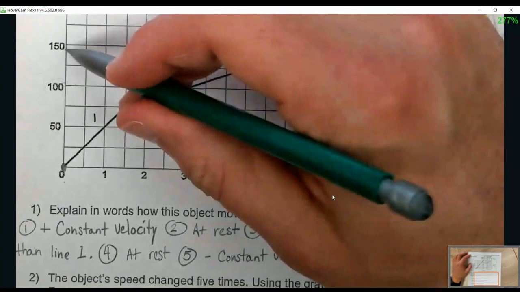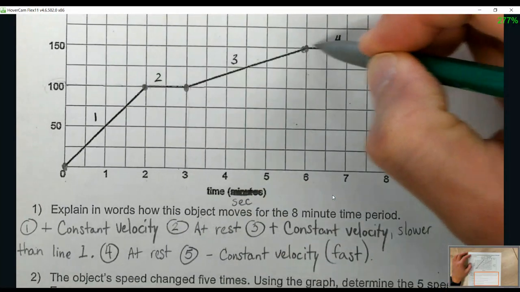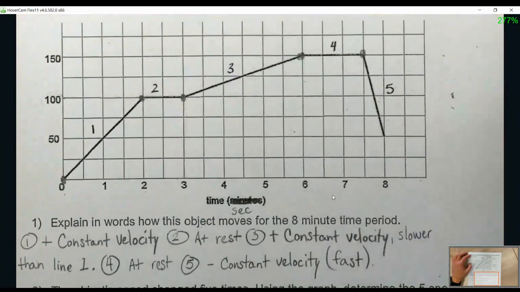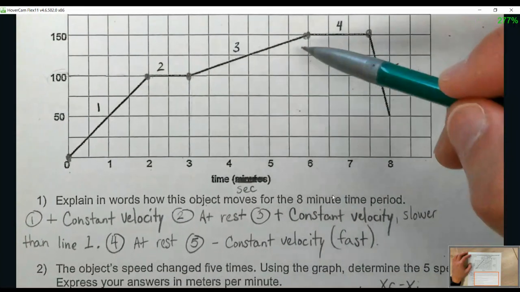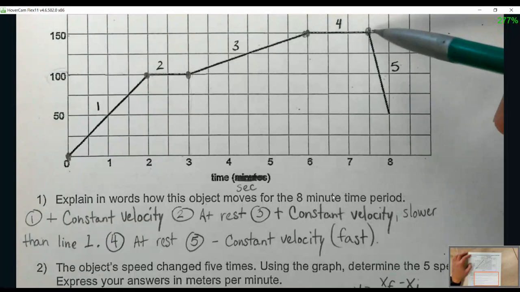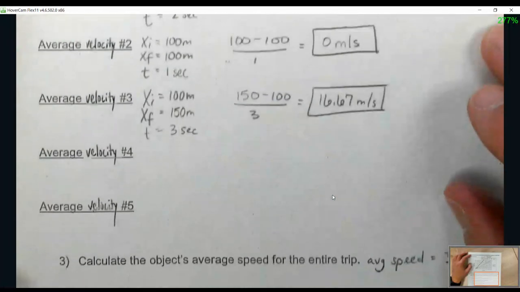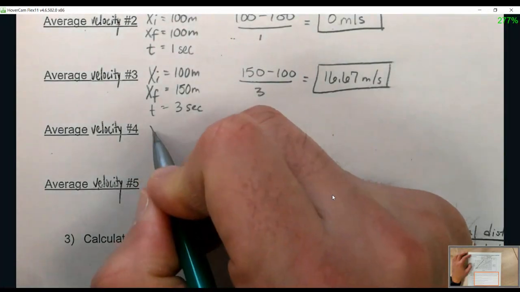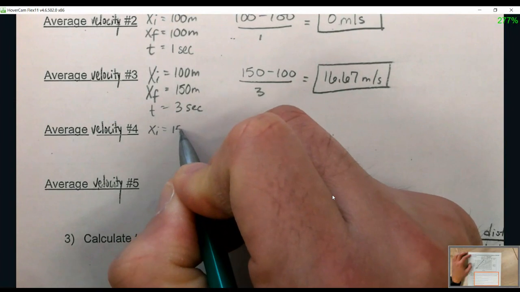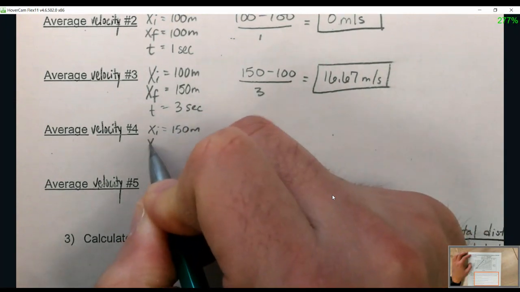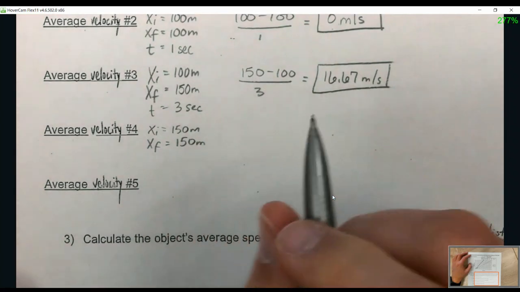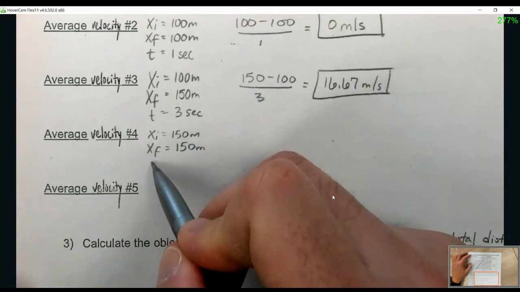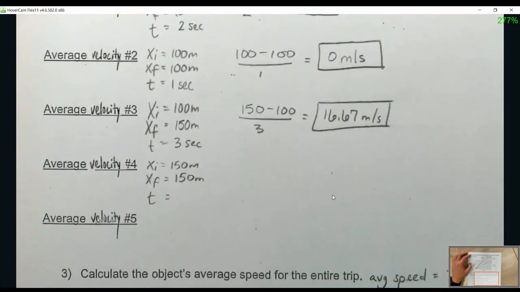We start at 150 and we end at 150. So for this one, xi is 150. xf is also 150. How long were you moving for in that one?